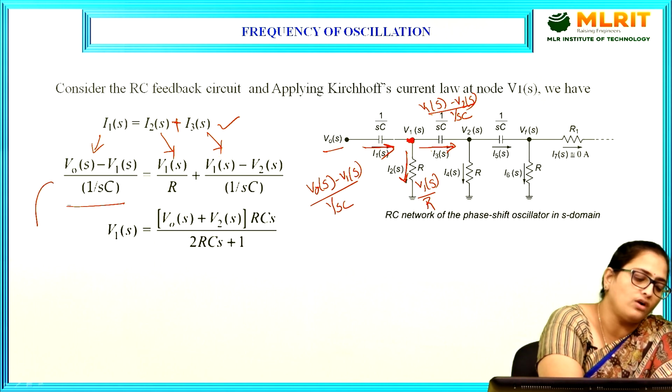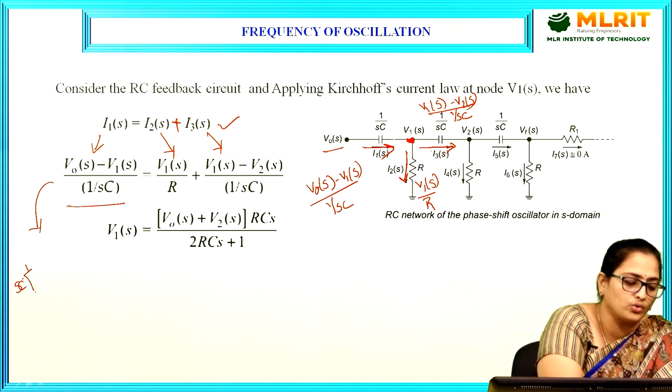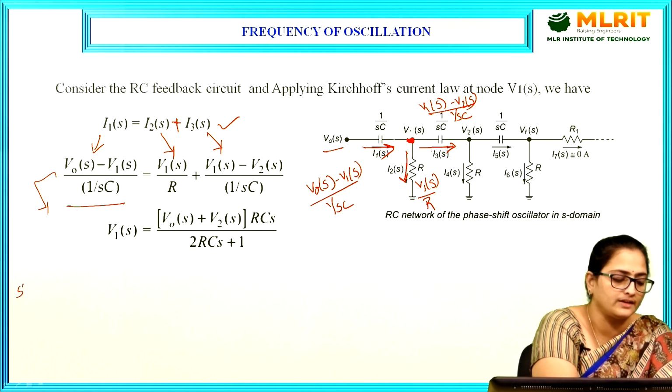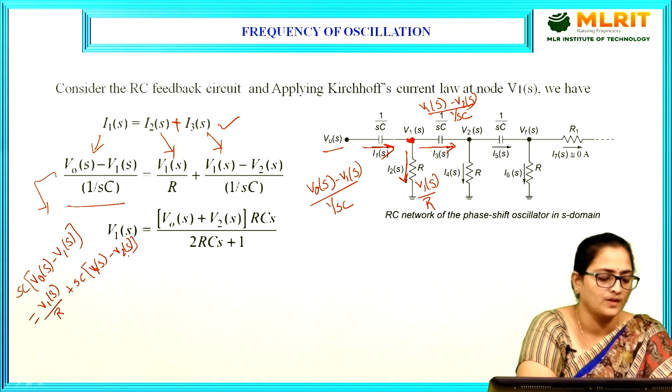If we solve this equation, we can rearrange it as sC into (V0(s) minus V1(s)) equals V1(s) divided by R plus sC into (V1(s) minus V2(s)).